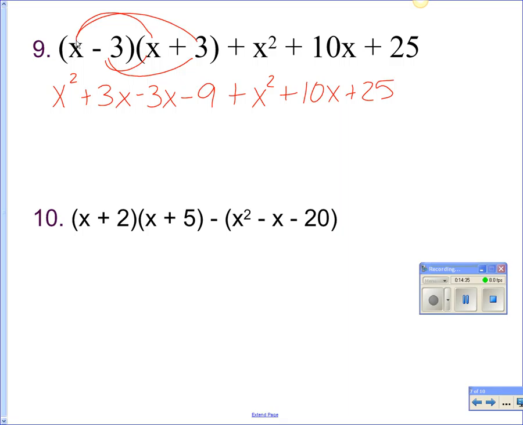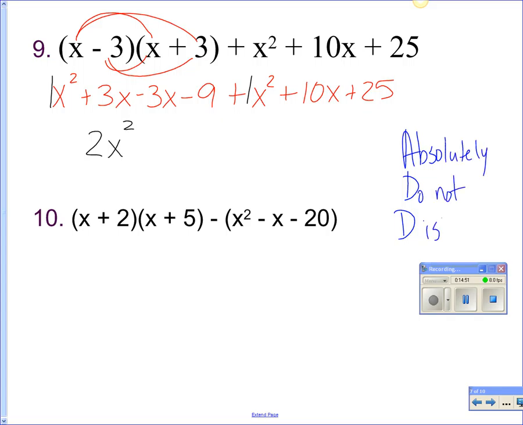Okay. Close. Okay, so 1 plus 1 gives you 2, and when you're adding, I know this is a lot to keep straight, guys, but when you're adding, you absolutely do not disturb the exponents. So, in this step, when you're adding, you don't change them, so it's x to the 2.